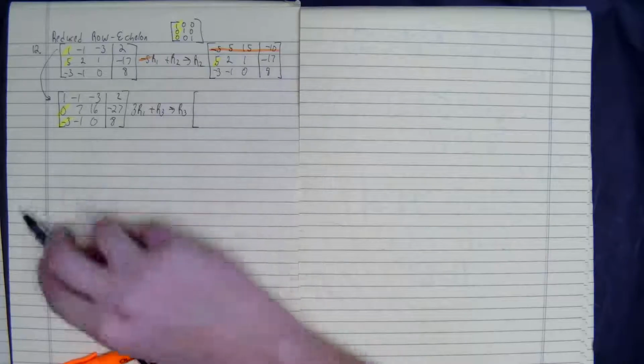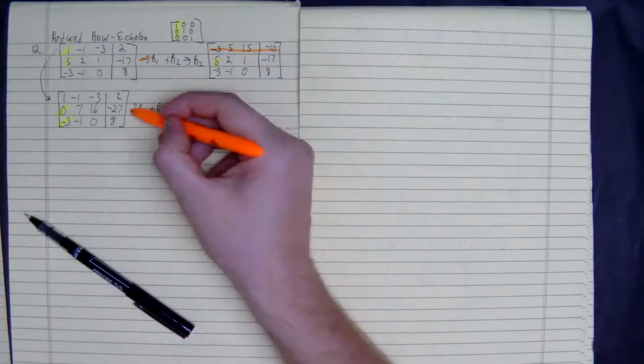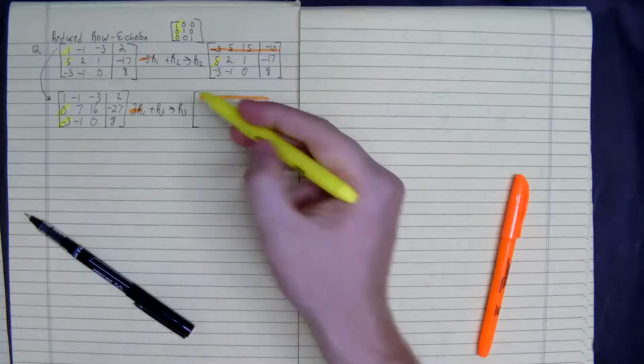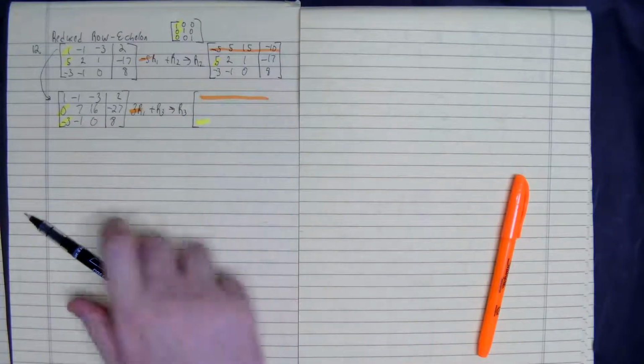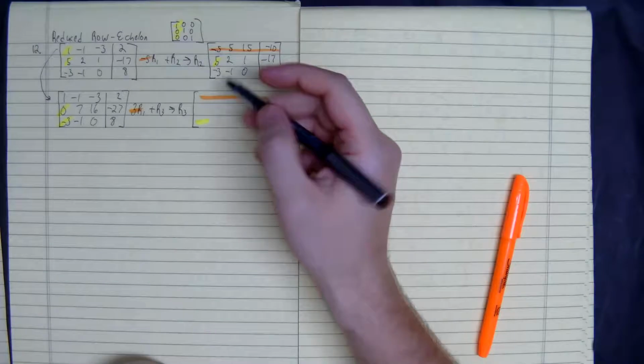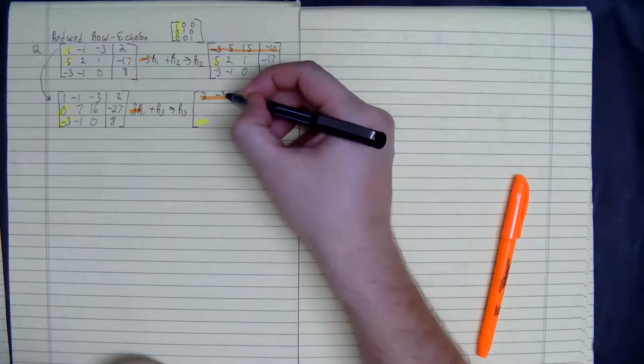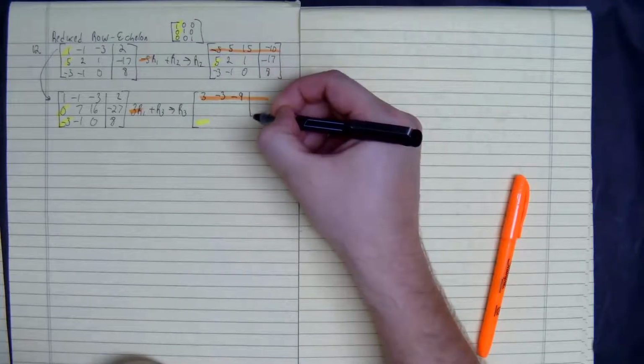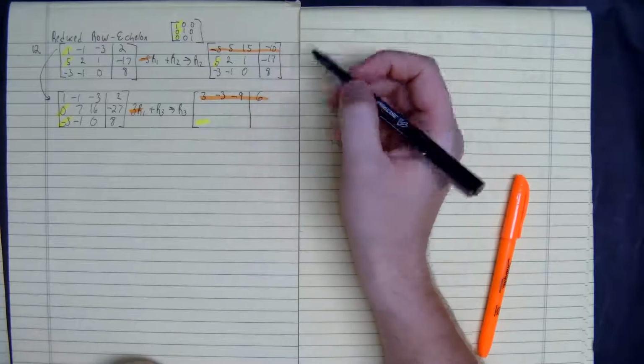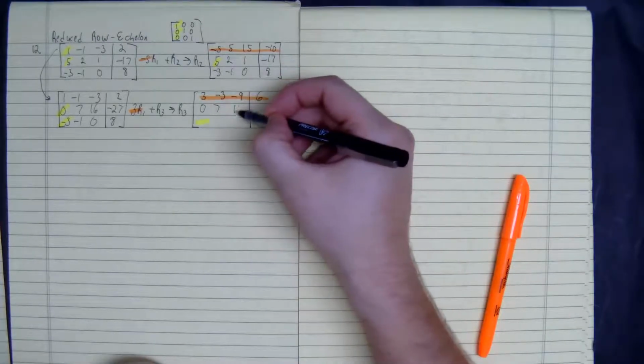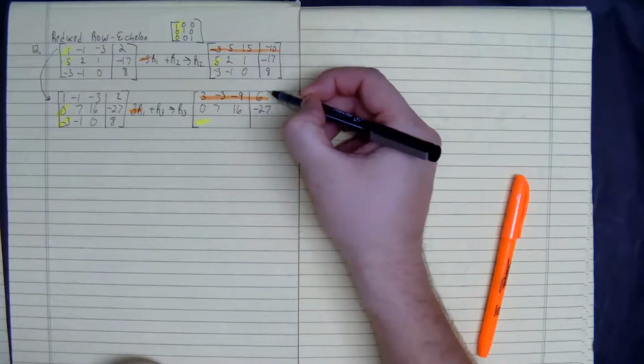So we multiply the entire top row by 3, because our goal is to make this -3 into a 0. So 3, -3, -9, and then 6.